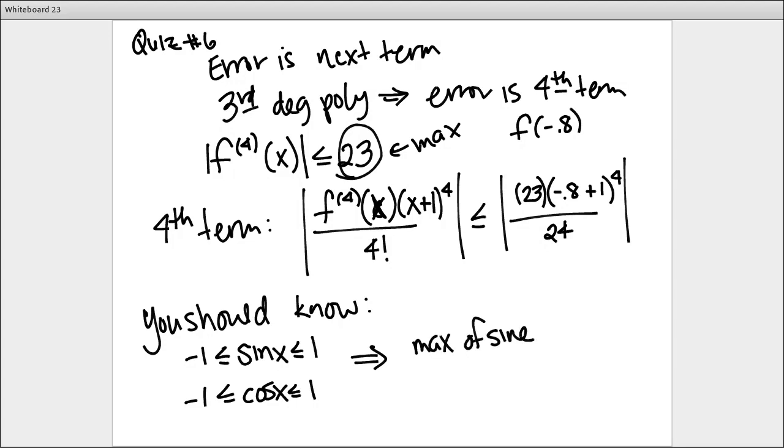What both of those mean is the max of sine or cosine is 1. That's the maximum value there. So keep that in mind. Sine and cosine are bounded there. So, all right.